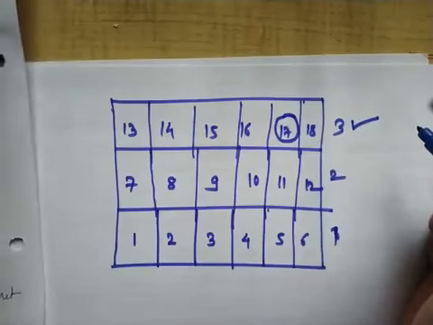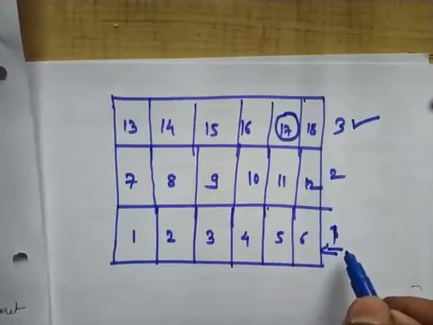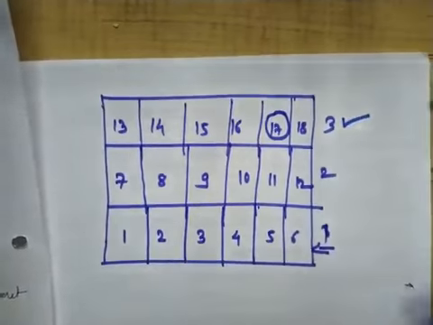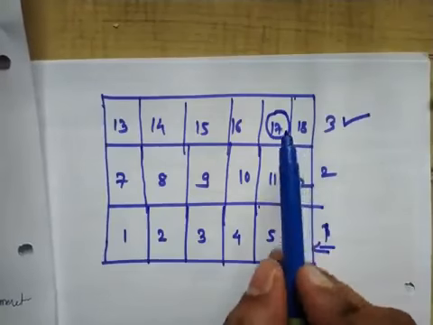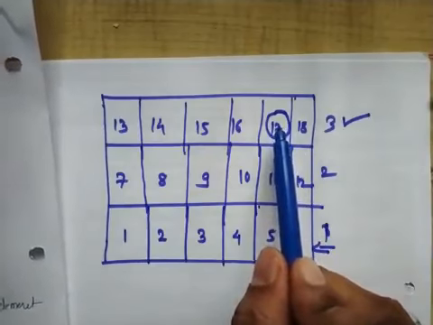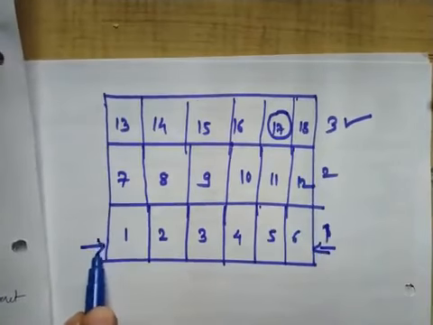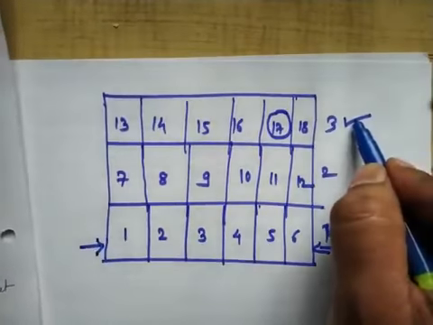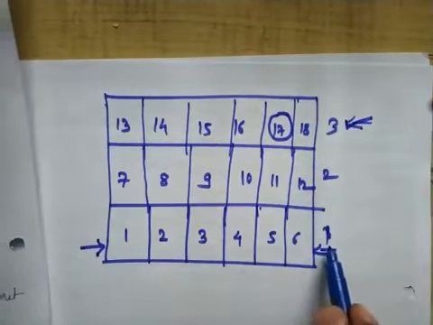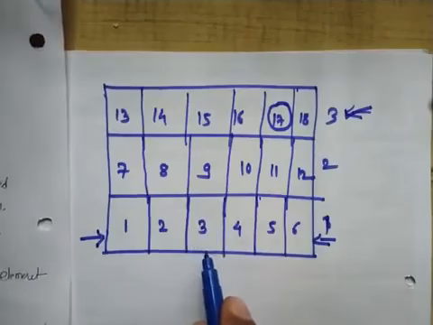Then he has to search sequentially from the first floor up to floor number 3. So this will be very time consuming.